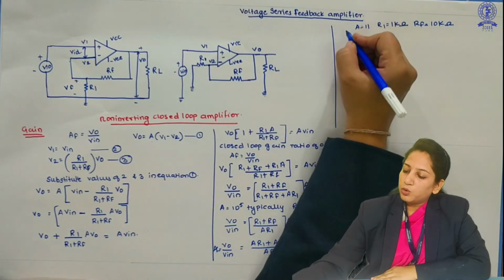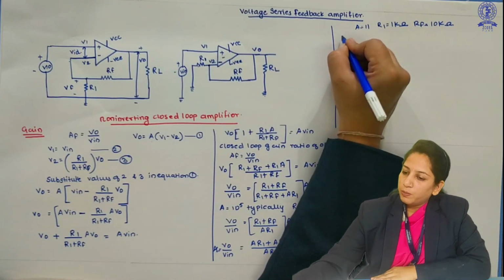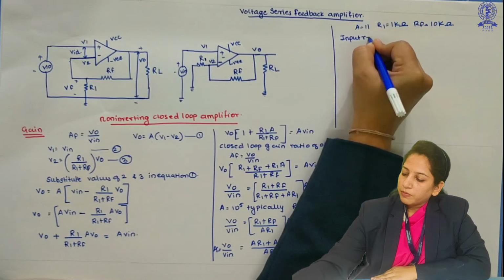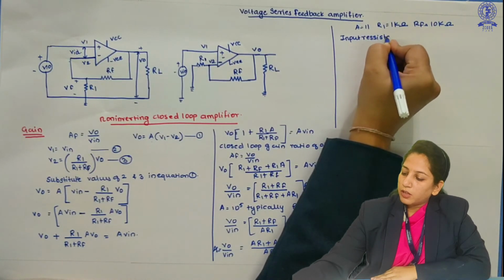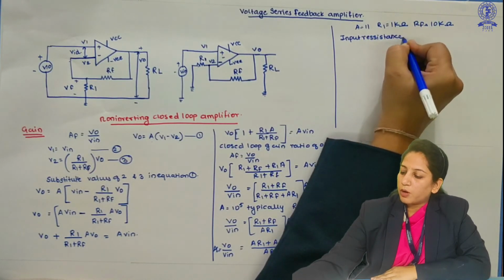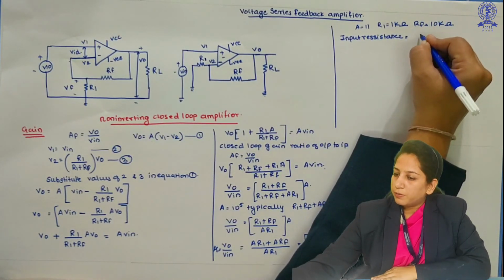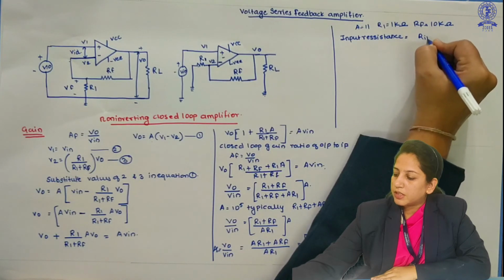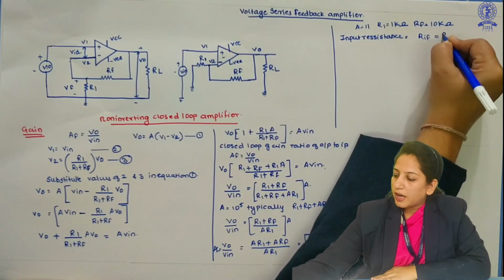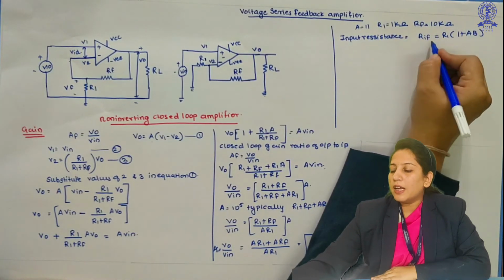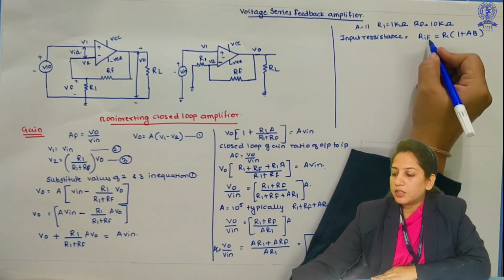Here two more formulas I will give you, like input resistance. For this input resistance also there is a very big derivation. I will just write here the formula for input resistance: RIF is equal to Ri into 1 plus AB. So this RIF is nothing but the input resistance.